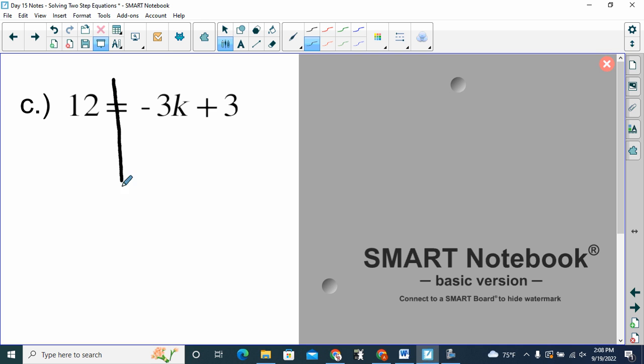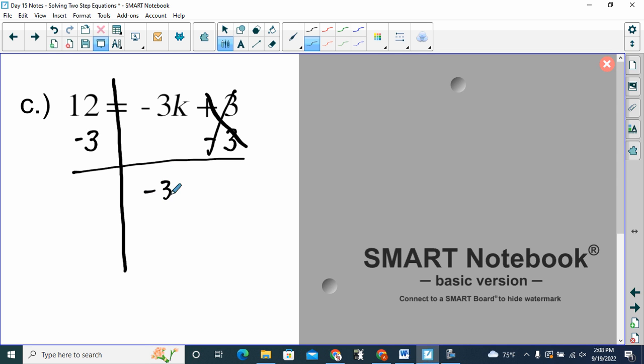The last thing that happened to the k was we added 3, so that's the first thing we need to undo. We undo adding 3 by subtracting 3 on both sides. Negative 3k comes down. The equal sign comes down. 12 minus 3 is 9.